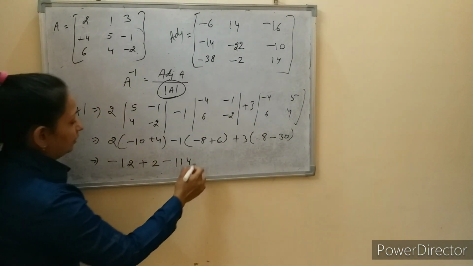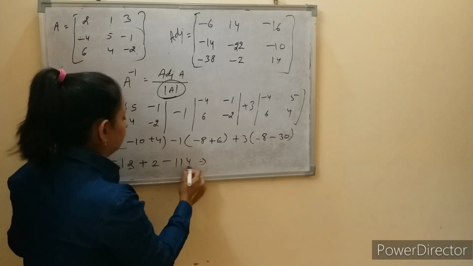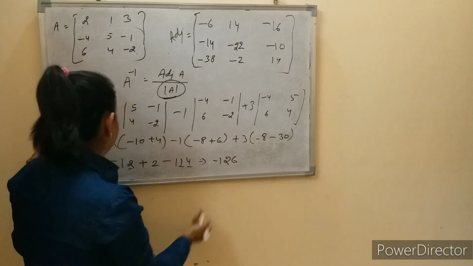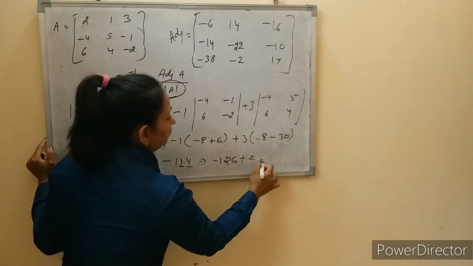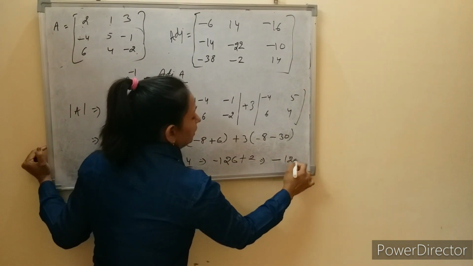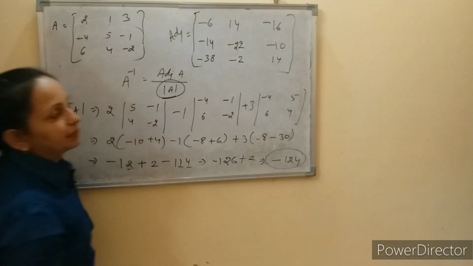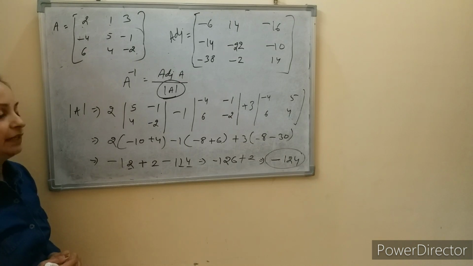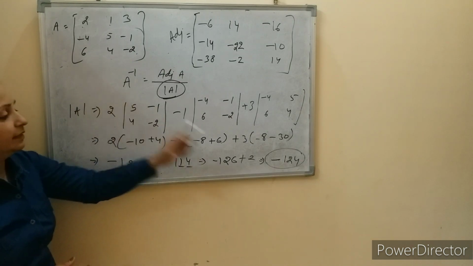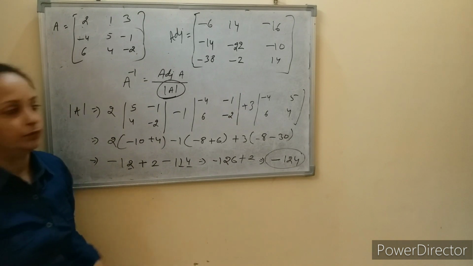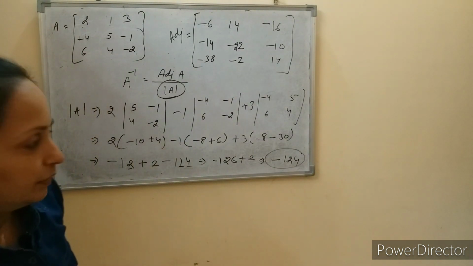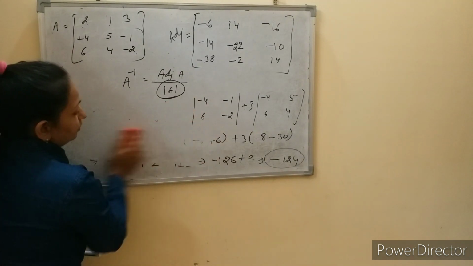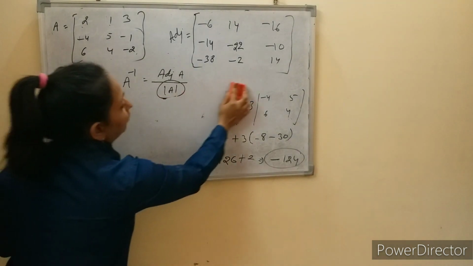You can do this calculation and you will get negative 126 and positive 2, that is negative 124. So this will be the determinant of this matrix. The determinant of matrix A is negative 124. You can check it again, and if you get the same answer, this will be your determinant, minus 124.